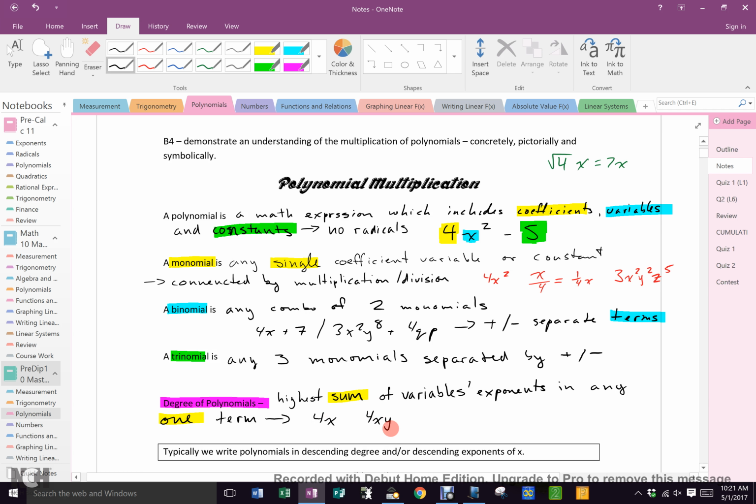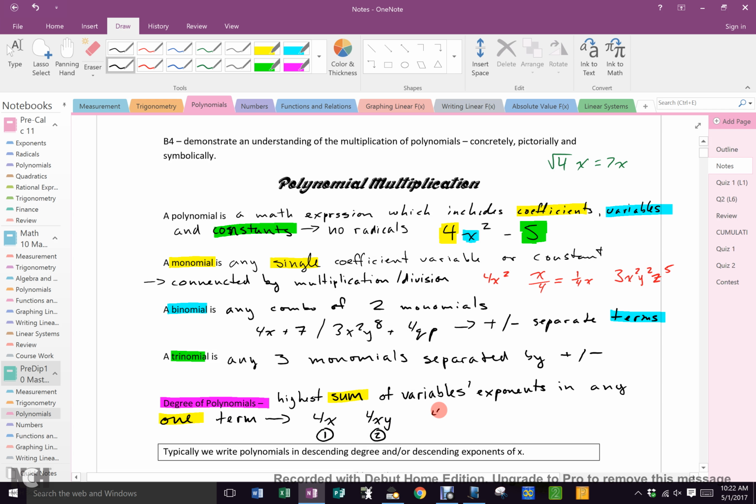4xy. What are the variables there? X and y. What are their exponents? 1 and 1. And degree is the sum. So what is that guy? 2. That guy's a first degree. That guy's a second degree. Everybody with me?